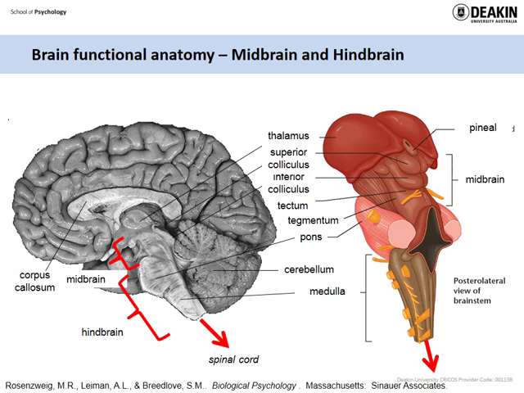The hindbrain also includes the pons and the medulla. Both of these areas show up, as you can see on the left, as very white rather than grey. They're white because they're made up primarily of myelin, which is a white fatty substance that insulates axons. So the pons and medulla contain primarily axons, or cellular pathways. Another area shown on the left, which is actually part of the forebrain, but I'm only mentioning it because it's so distinctive, is the corpus callosum.